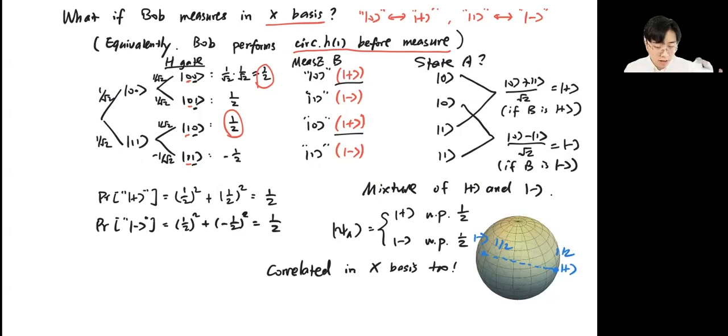Notice that if she measured her qubit in the z basis, in both cases, she'll always end up with a uniform distribution of 0 and 1. But there is something interesting about this entanglement, because it looks like these measurement outcomes are correlated not only in the z basis, but also in the x basis.